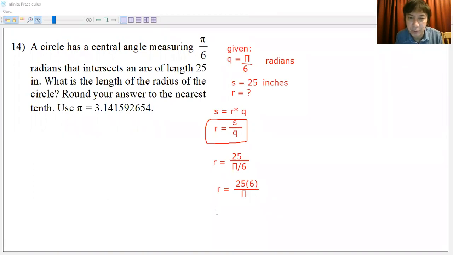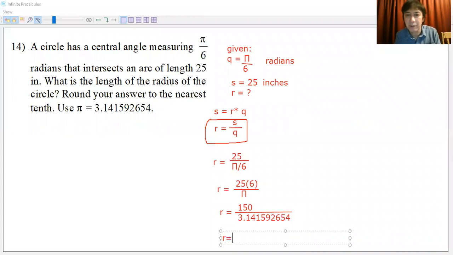And this is also equivalent, using the value of pi now, to 150, the product of 25 and 6, divided by the equivalent of pi, which is 3.141592654. And this is division. So this is 150 divided by pi. And so we get the final answer after we divide.